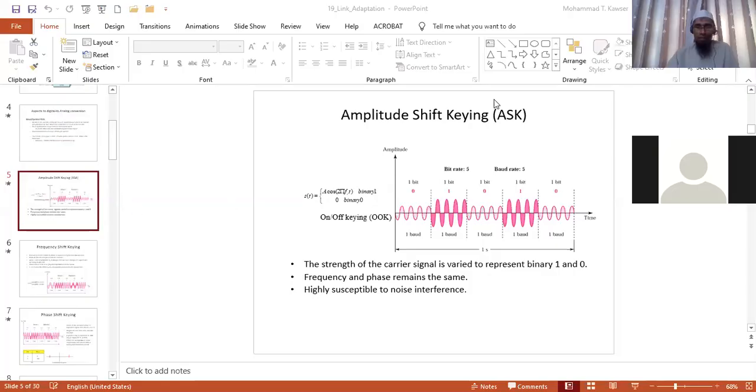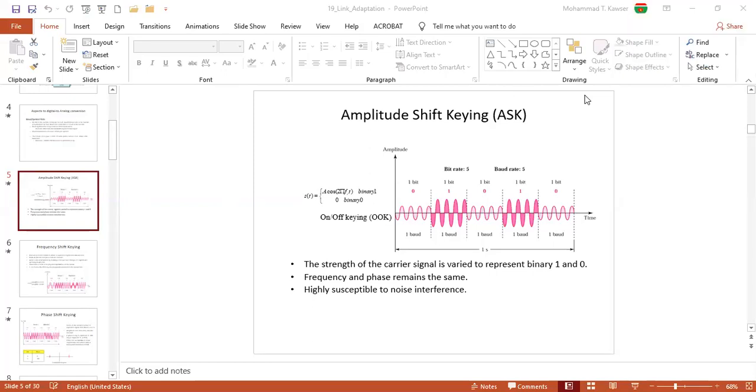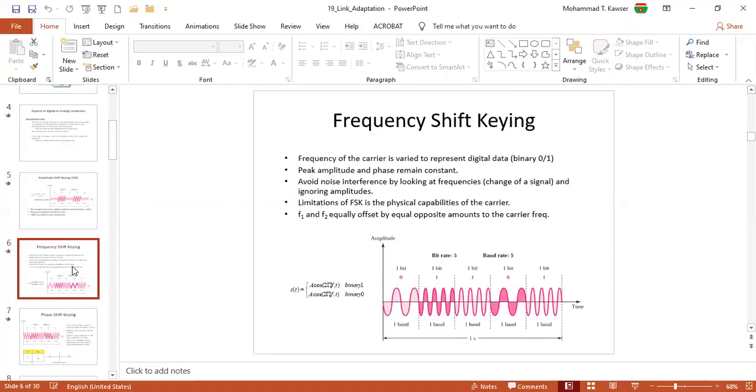It can be ASK, or FSK, sorry, or PSK. I think these things are already covered in the previous course, but just to help you understand that you need them when you are using digital communication.